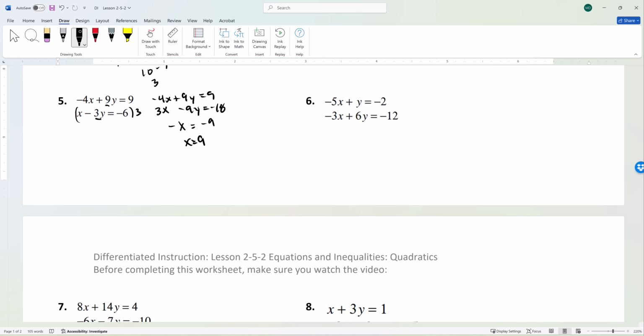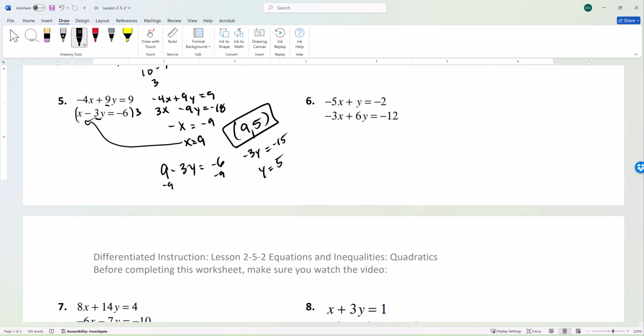So now I can plug 9 back in for x. So if I wanted to plug it into that equation, get 9 minus 3y equals -6. So I can minus 9. -3y equals -15. y equals 5. And so we get 9 and 5.